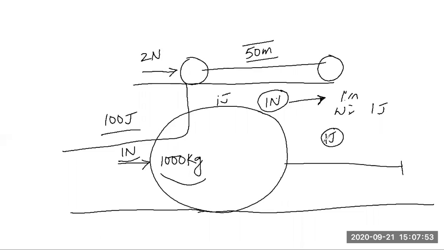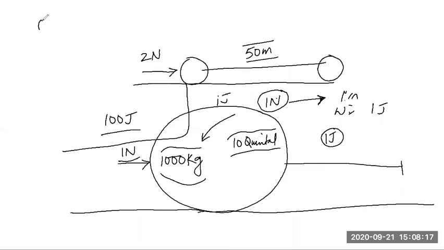So, can anyone answer this? A student is asking this question, sir. There's a body of 1000 kg mass, or you can say 10 quintal. Can you say, a student is asking, we can apply a force of 1 Newton and it moves by 1 meter and the work done is 1 joule?